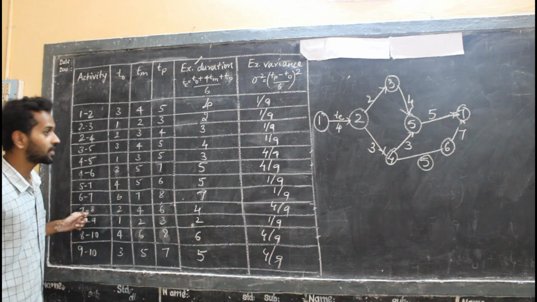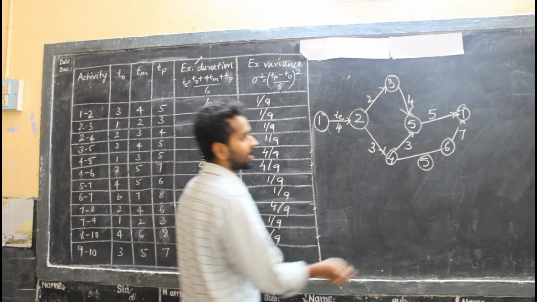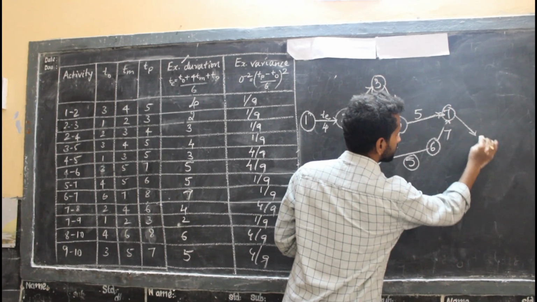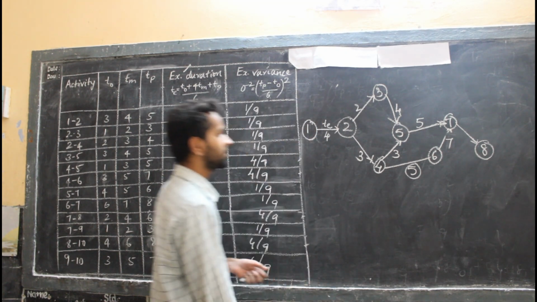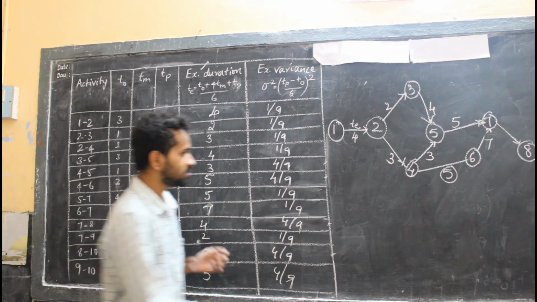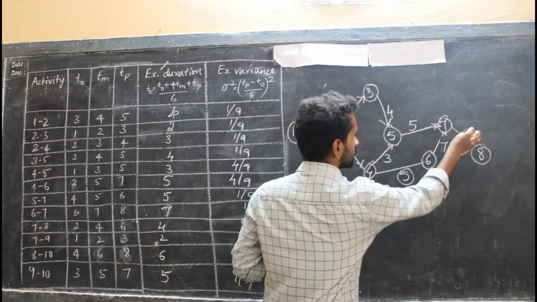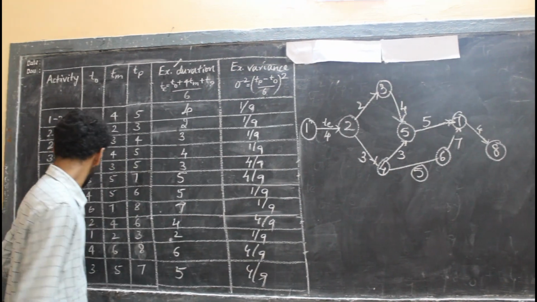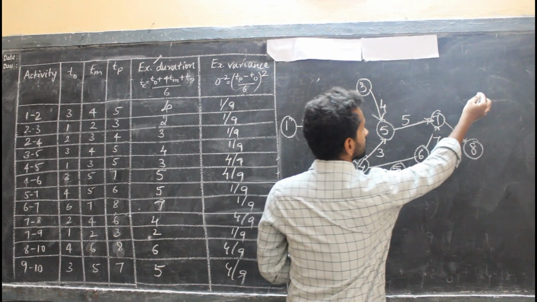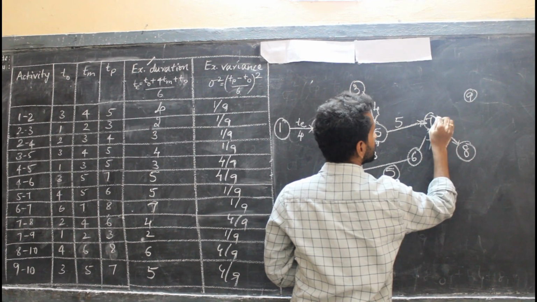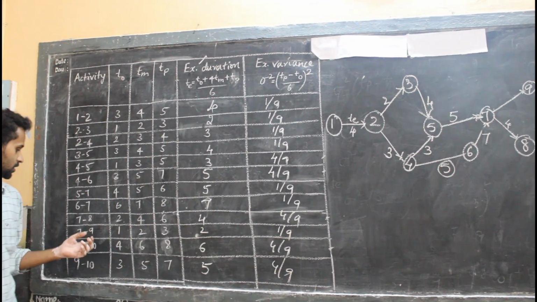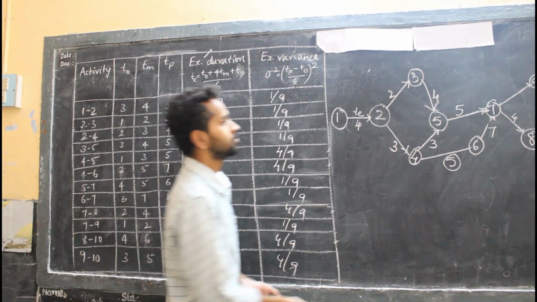Next activity, 7 to 8. What is the time duration I have here? 4. Is it clear? Now 7 to 9. That means I have another event here, 9. 7 to 9 activity duration is 2.